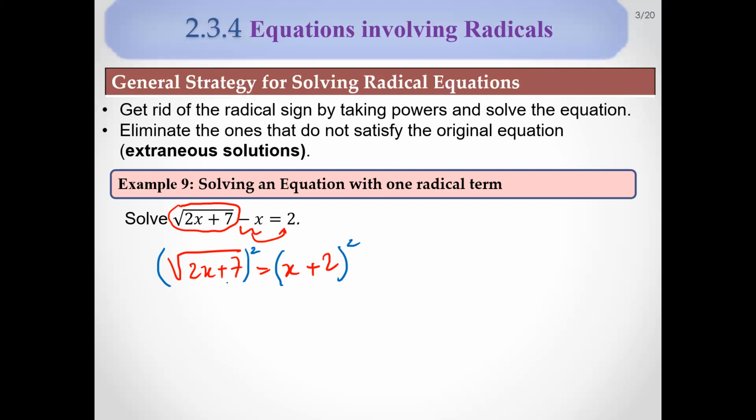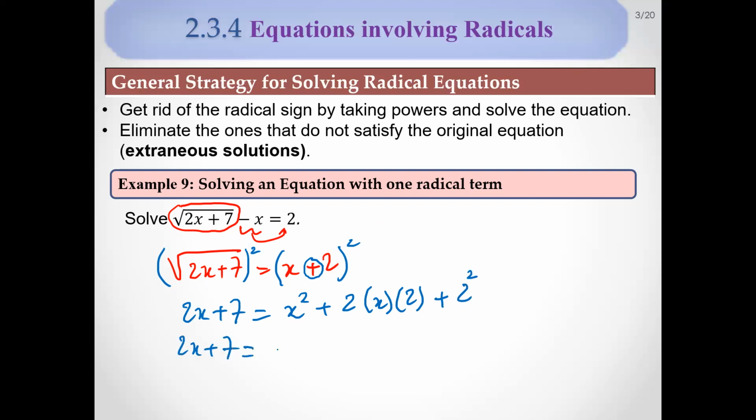So here, square root squared gives 2x plus 7. Here be careful, I repeat, always, we don't distribute the power over the addition, because here we have the formula: the first squared plus 2 times the first times the second plus the second squared. We simplify.